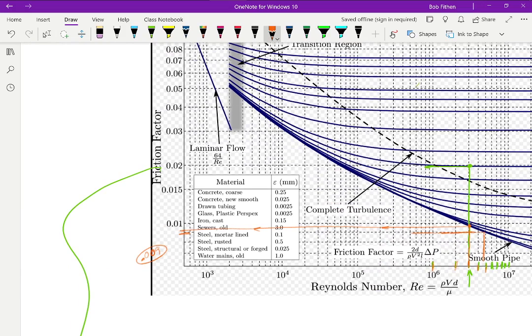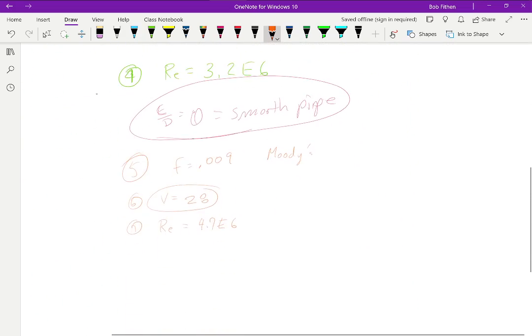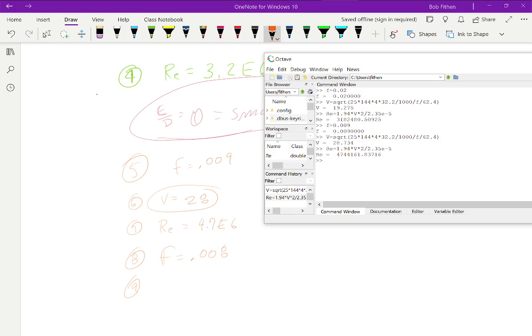I'm going to guess, I mean, I can't really tell the difference, so I'm going to say 0.008. And technically what you're supposed to do, step 8 would be, the friction factor was 0.008. Step 9 would be with the friction factor 0.008, and I may be off on that. And the velocity would be 30.